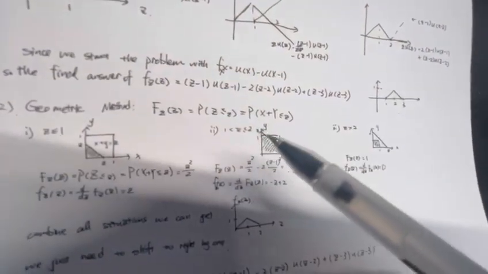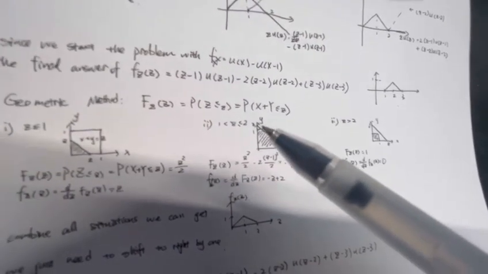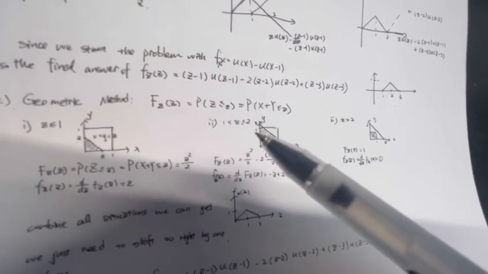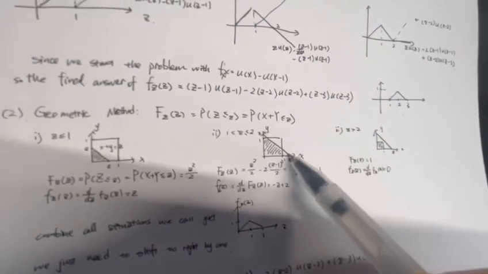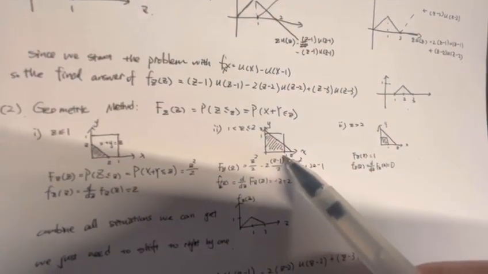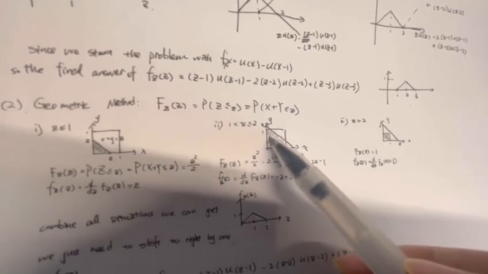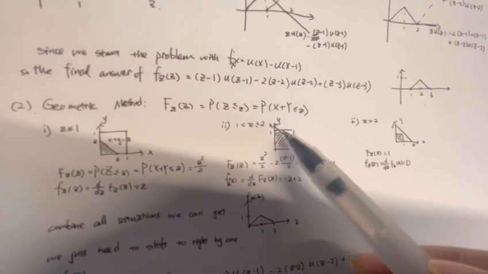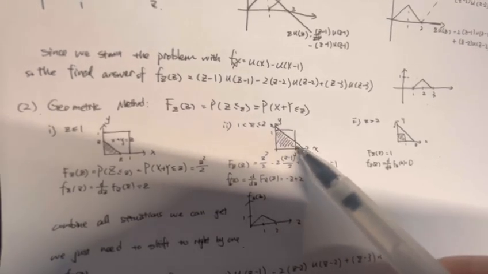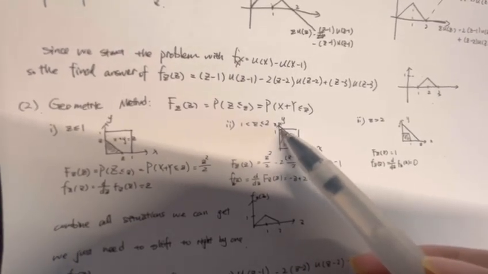And then in the situation that z is larger than 1 but smaller than or equal to 2, the shaded area will be the large right triangle minus these 2 small white triangles.